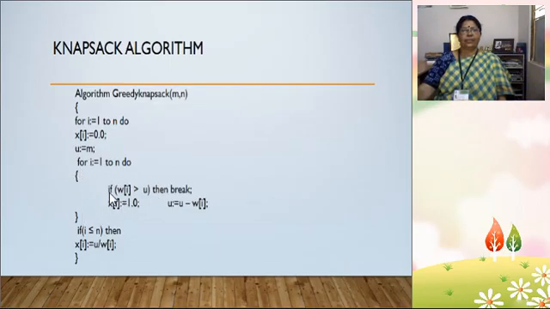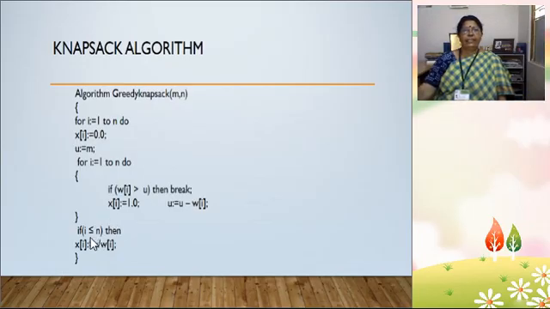Finally, if I is less than or equal to N, then xi will be equal to u by wi. Suppose we still have inputs to be considered. If you are not able to add 1 unit of an object, then a fraction of the object can be added based on the remaining capacity of the knapsack.